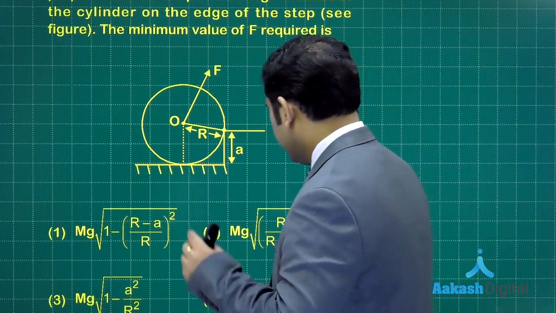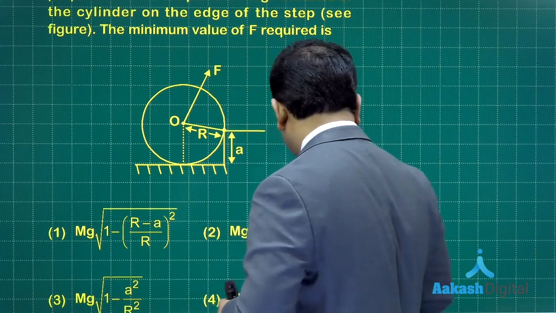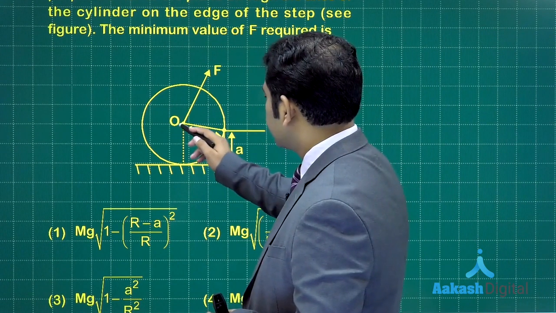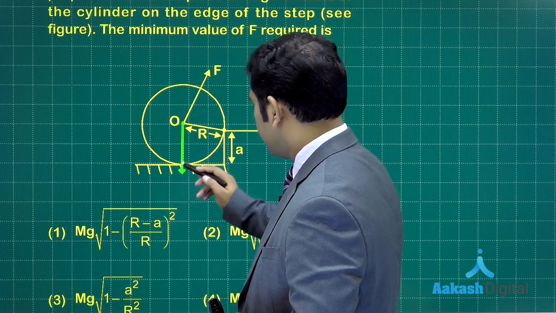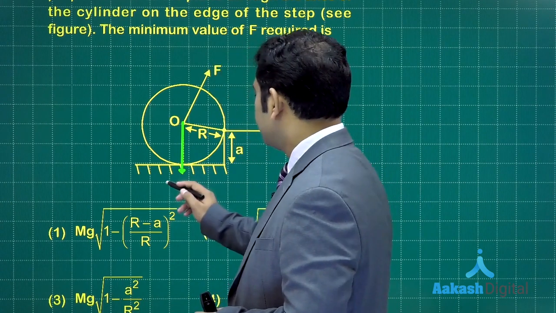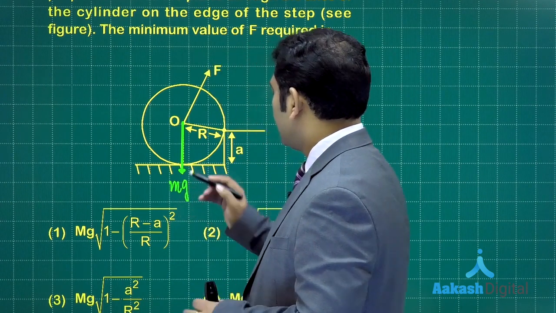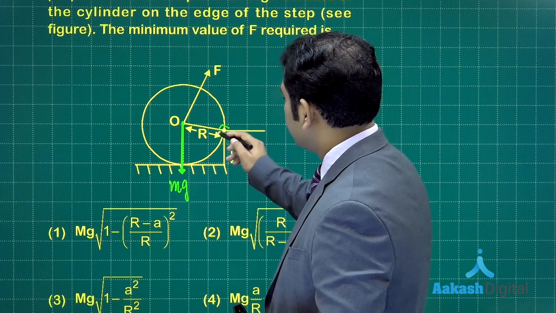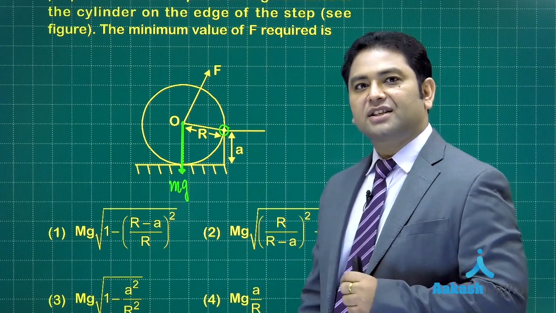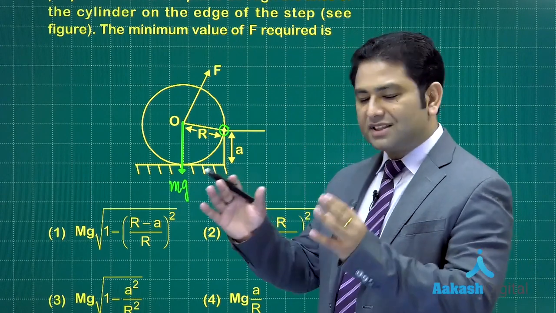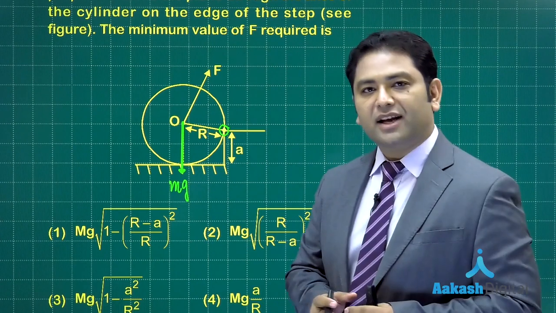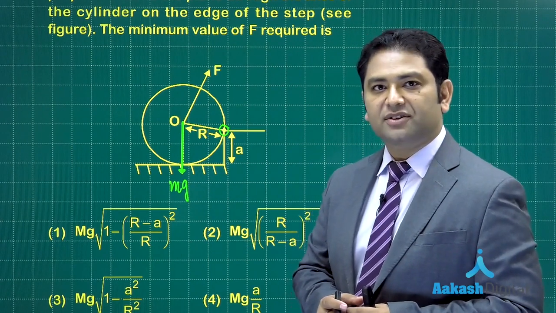All right. Let me begin from the free body diagram, and I would draw as little of the figure as possible so that the figure becomes very clear. This is equal to mg. Now the whole idea is we would be writing the torque about this point. There is normal reaction and friction acting, but since we are writing the torque about this point, the torque due to normal reaction and friction becomes 0.